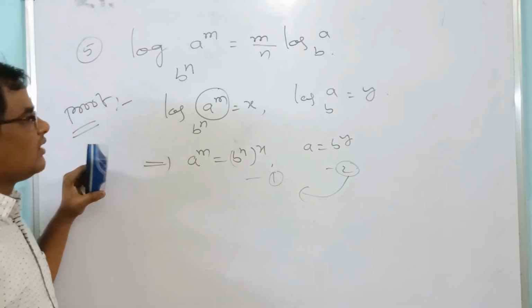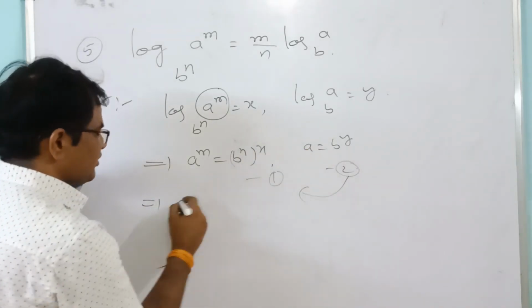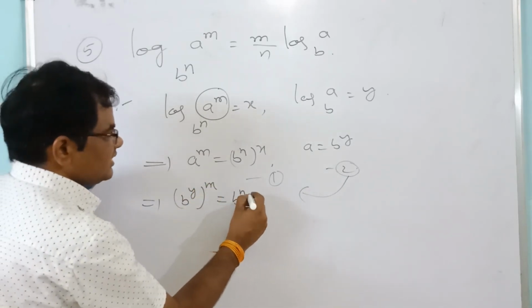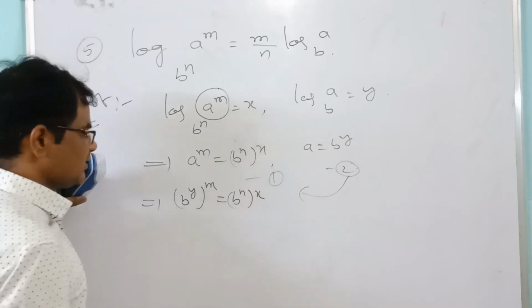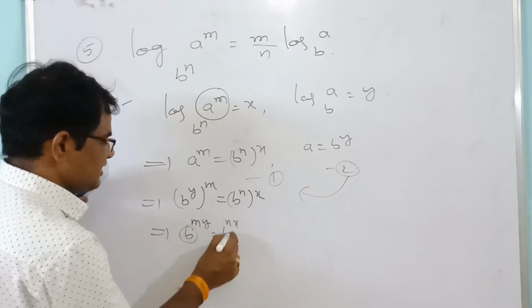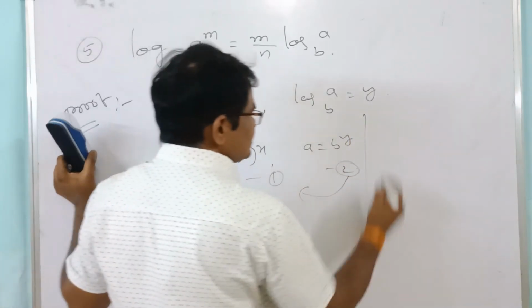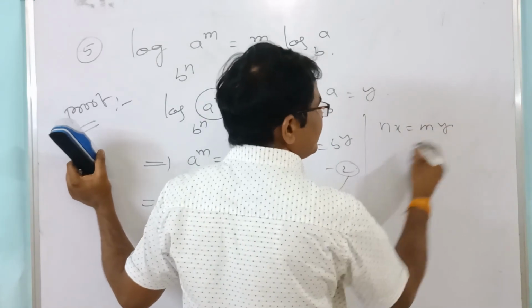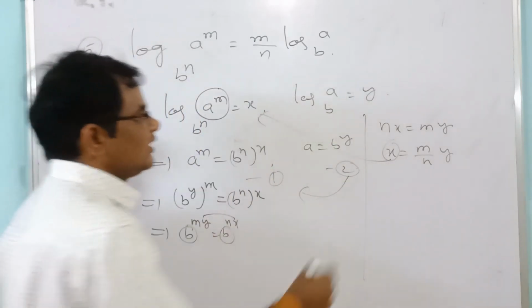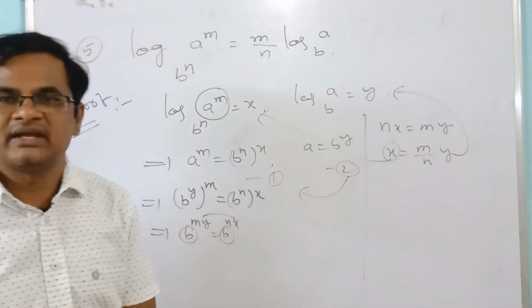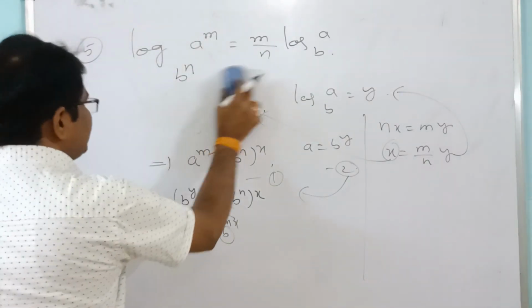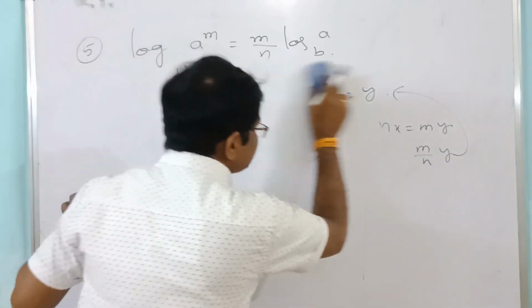Now a equal to b power y, so b power y whole power m equal to b power n whole power x. Now that implies b power my equals b power nx. Here base b, equate these two. So nx equal to my, x equal to m by n into y. Here x means this one, and y is this one. Substitute, m by n only. Now on this one, I will take one or two examples.